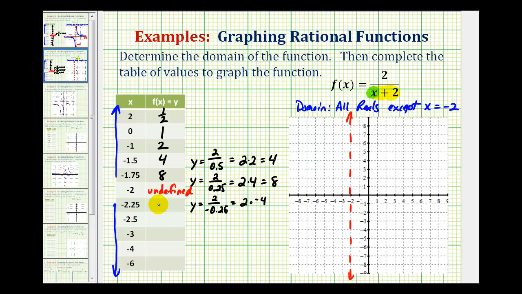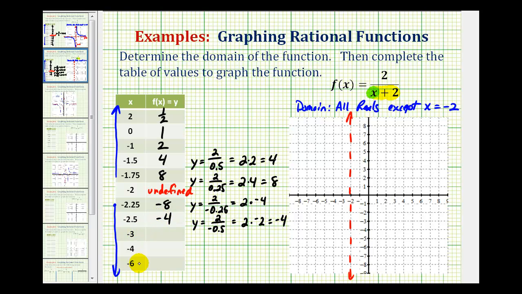So here we have negative 8. When x is equal to negative 2.5, notice the denominator would be negative 0.5. So we'd have y equals 2 divided by negative 0.5, which is equivalent to 2 times the reciprocal of negative 1/2, which is negative 2. So we have negative 4.